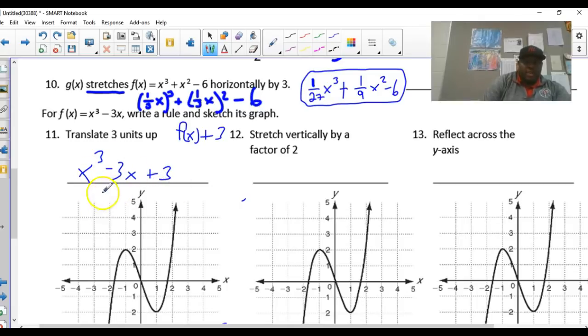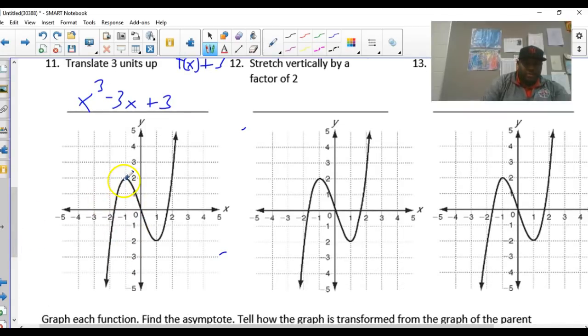So that doesn't simplify any. We just move it 3 units up. So all these points that you can see on this graph, like this one, move it up 3. This one, 1, 2, 3. Some of these, 1, 2, 3. Let me see this one, 1, 2, 3. So what you end up with is this thing right here.